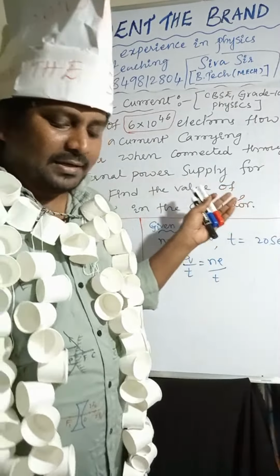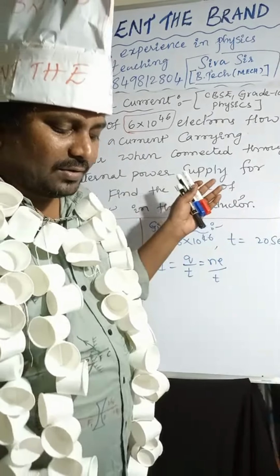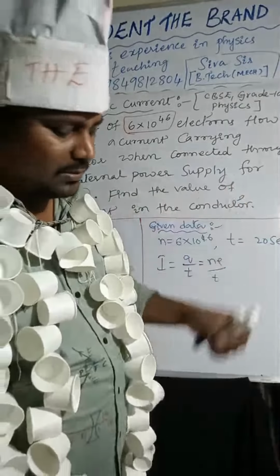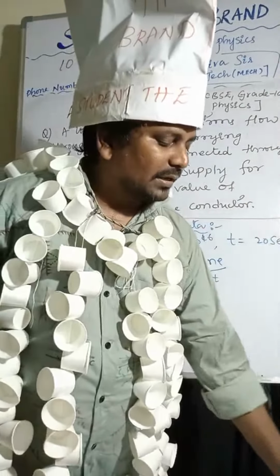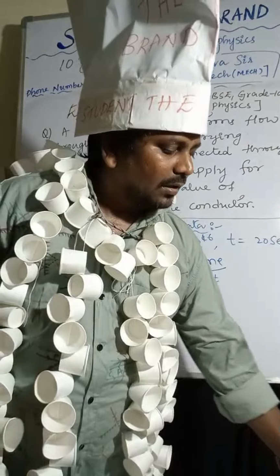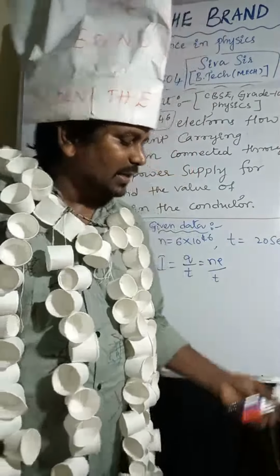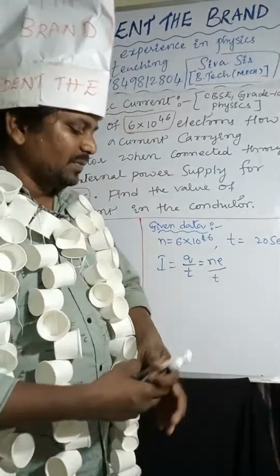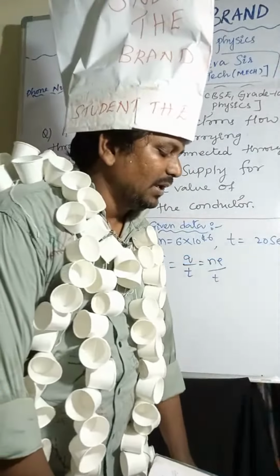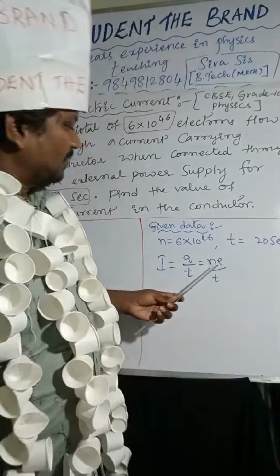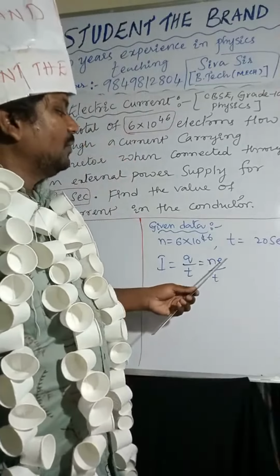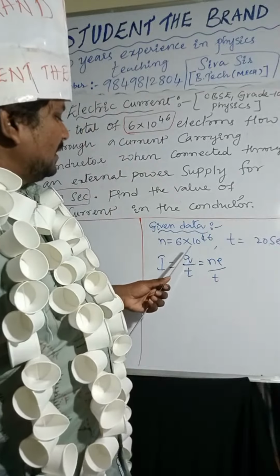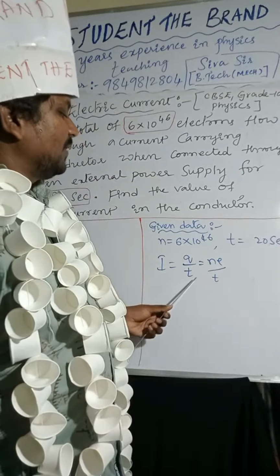You can observe here one thing. We don't know the electron charge value e. We know only the n value and the t value.